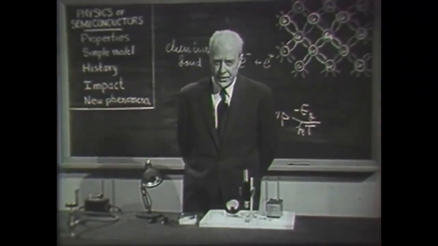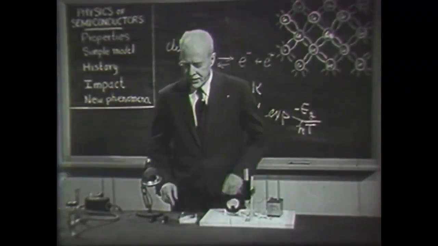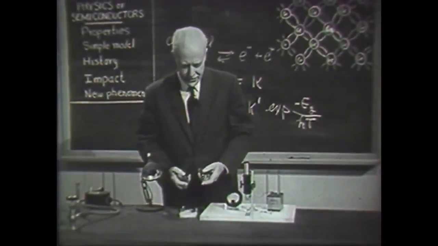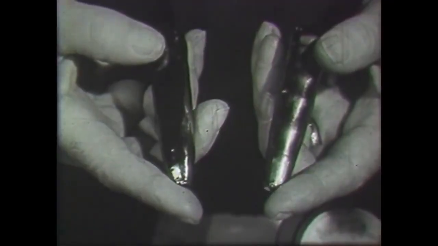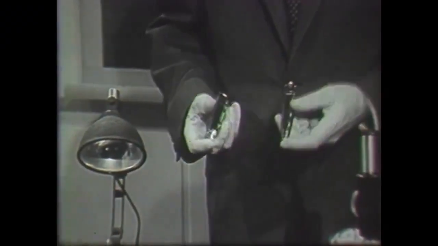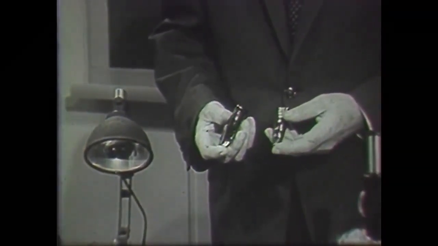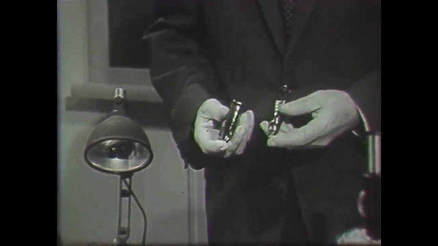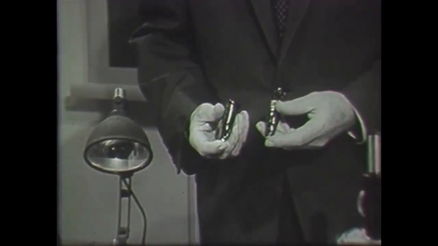Another area of interest concerns the optical properties of these crystals. They appear, as you see, to have a metallic luster, and they also appear to you to be opaque. These are essentially two different properties.